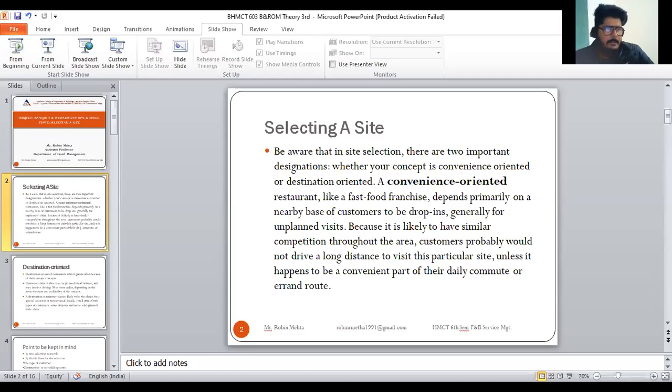Customers probably would not drive a long distance to visit this particular site unless it happens to be a convenient part of their daily commute or errand route. Okay, they don't specially plan to go to this type of restaurants. Basically they just go whether they are going shopping or just going for a drive, and then they have their meal.